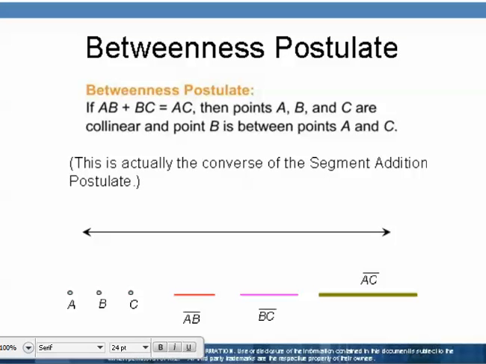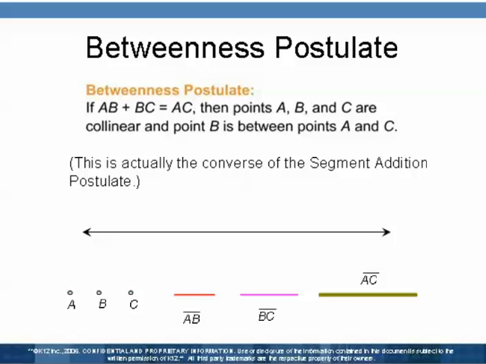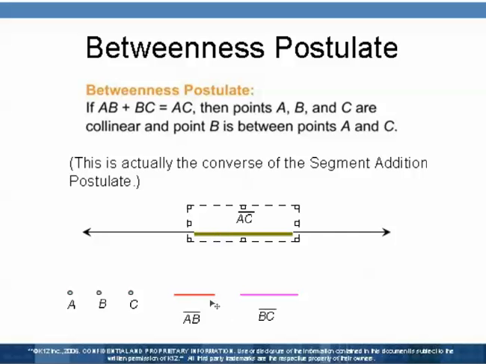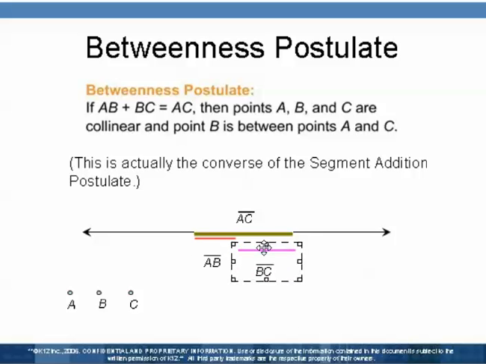Let's move forward. One of the things we studied back in Unit 1 was the segment addition postulate. That's where we said if I take a line segment AC, and I've got another line segment AB here, and B is sitting between A and C, I can say that the line segments add together to give you that whole line segment.